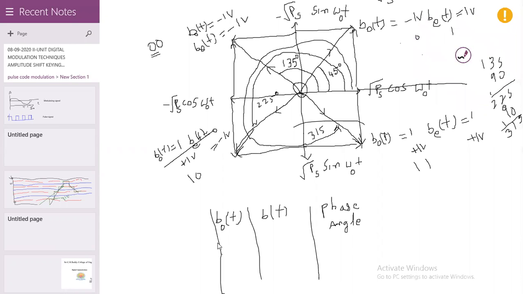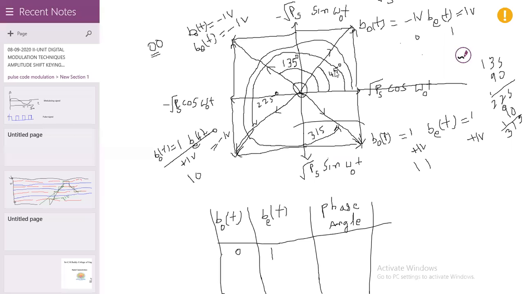So here we can observe that if b0(t) is 0 and b1(t) is 1, what is the phase angle?